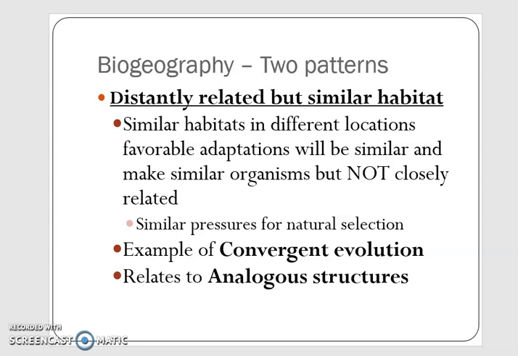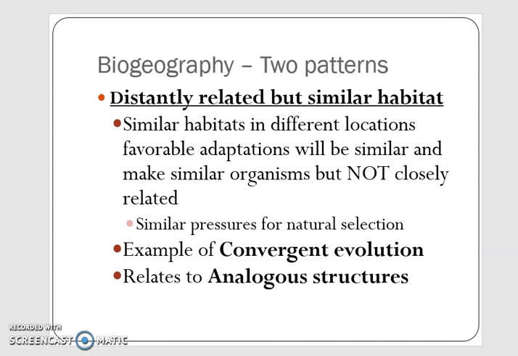The other type of biogeography evidence is distantly related organisms but similar habitat. So similar habitats that are in different locations will have the same environmental pressures, which means that adaptations that are favorable in one environment will be favorable in the other one. So organisms end up with very similar features, and this would be related to analogous structures.